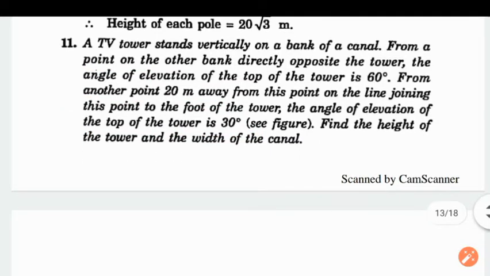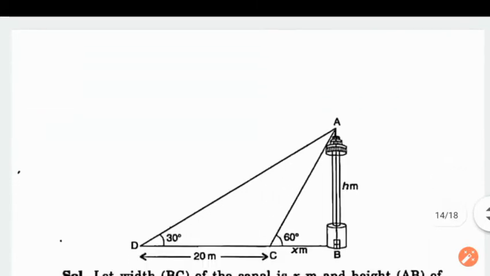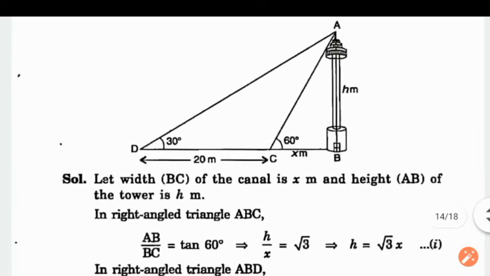We are required to find the height of the tower and the width of the canal, and for this question the figure is already provided. Here AB is representing the tower which stands on one bank of the canal, and on the opposite bank a point C is taken, and from this point the top of the tower, that is A, is seen by making an angle of 60 degree.